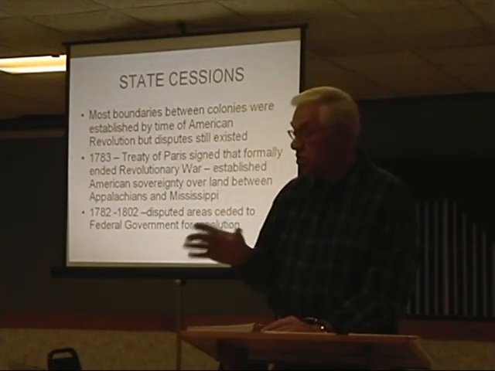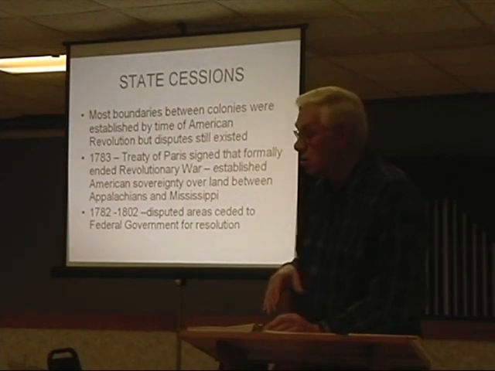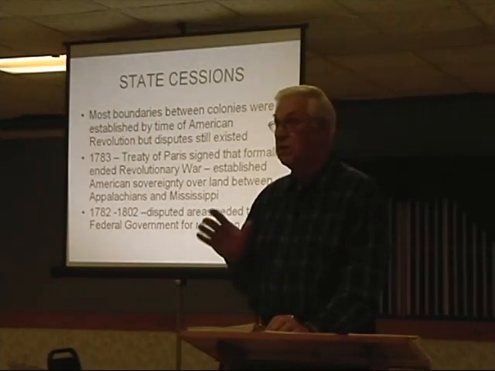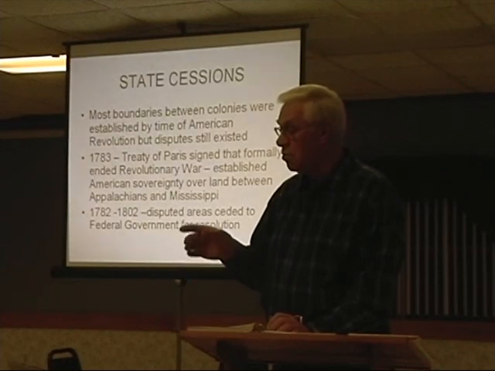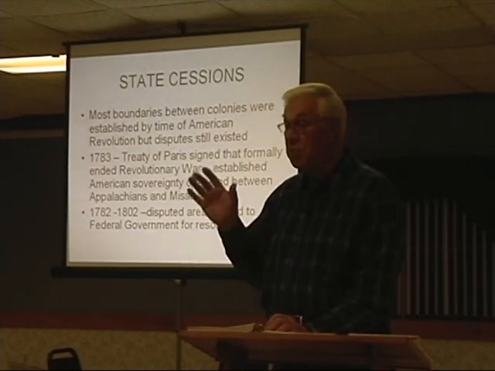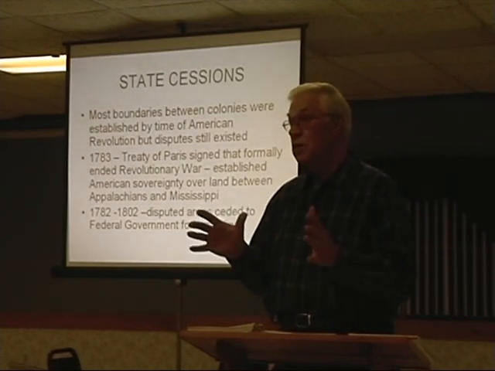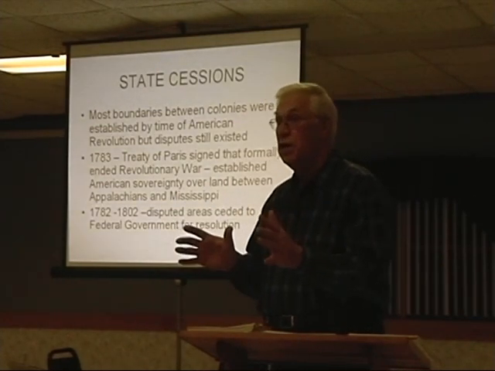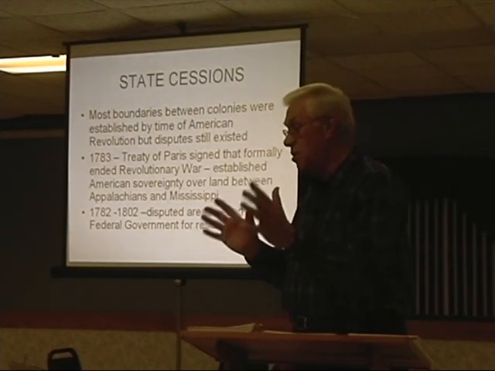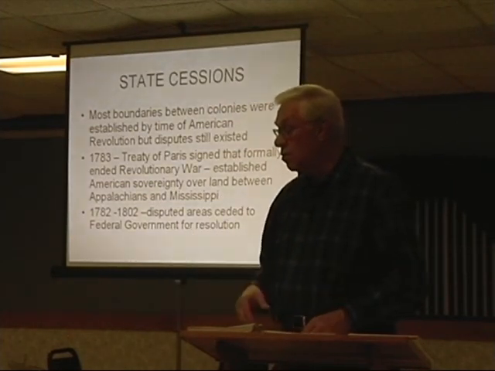At the end of the Revolution, 1783, the Treaty of Paris was signed. It formally ended the Revolutionary War and established sovereignty over the land between the Appalachians and the Mississippi River. So now England has no part, no ownership of this territory after the Revolution.